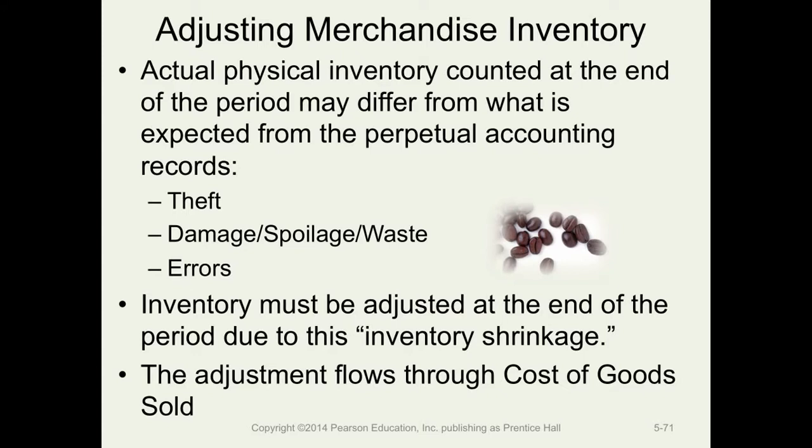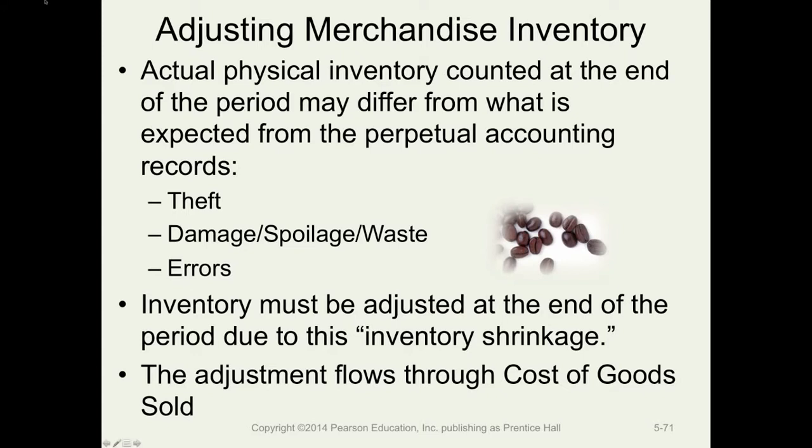Now, it doesn't have to be an entire physical count at one point. You can count inventory at different locations at different points throughout the year. But the primary objective is to test the validity of the perpetual records.